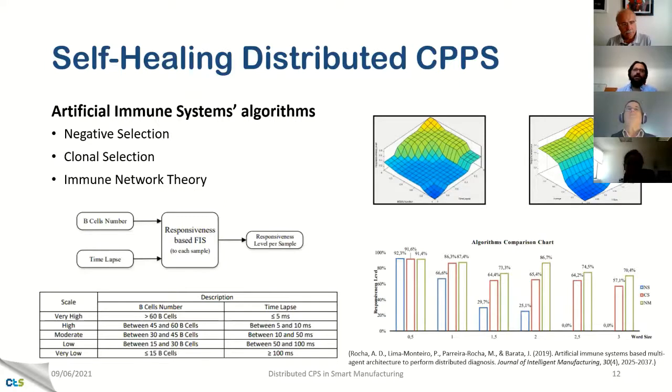So it is necessary also to explore which kind of approaches we can use to deliver new self-diagnosis and self-healing capabilities. One of the other experiments we did was to explore the concept of artificial immune systems algorithms to provide self-healing capabilities to the system.